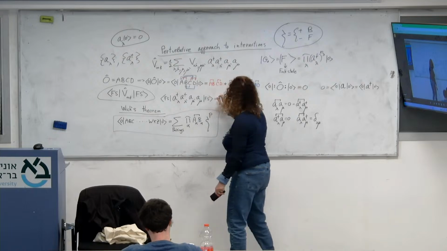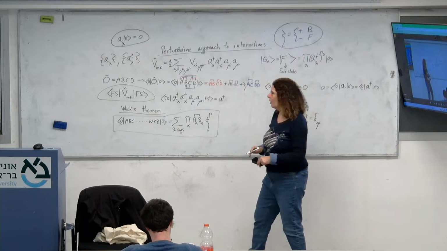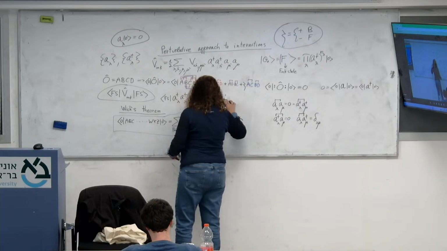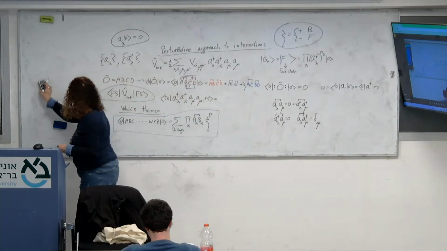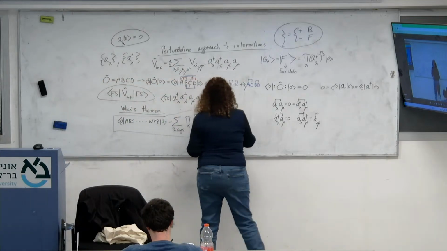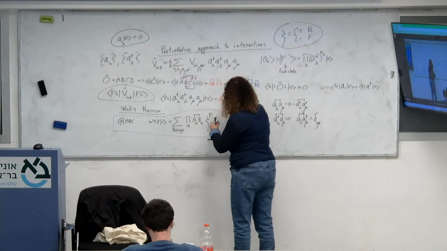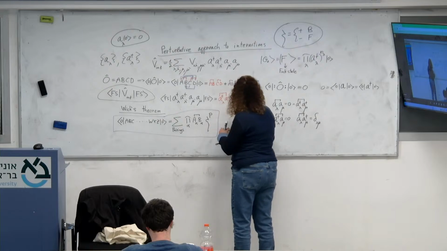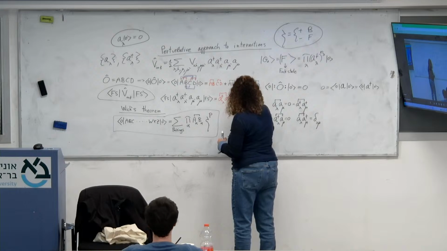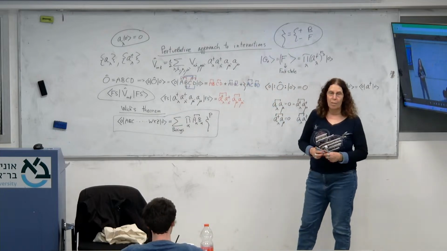Let me just follow the general definition. I can even use the same colors. So the first term will be A lambda dagger with A lambda prime dagger contracted, and A mu prime with A mu contracted.